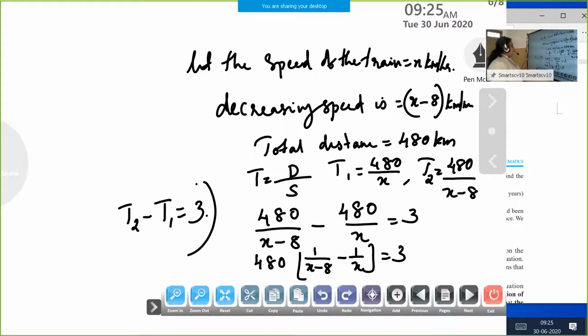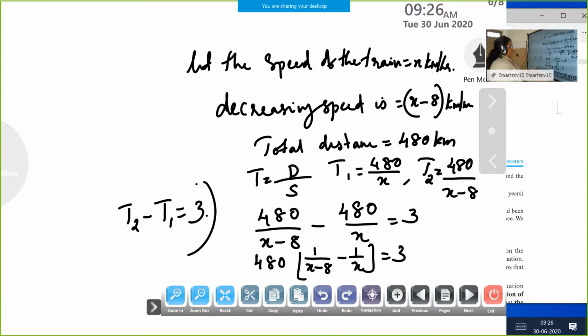That is 480 divided by x minus 8 is greater than 480 divided by x, because x minus 8 is less than x. So 480 by x minus 8 is the greater value. 480 by x minus 8 minus 480 by x is equal to 3. Take 480 outside. The remaining is 1 by x minus 8 minus 1 by x.